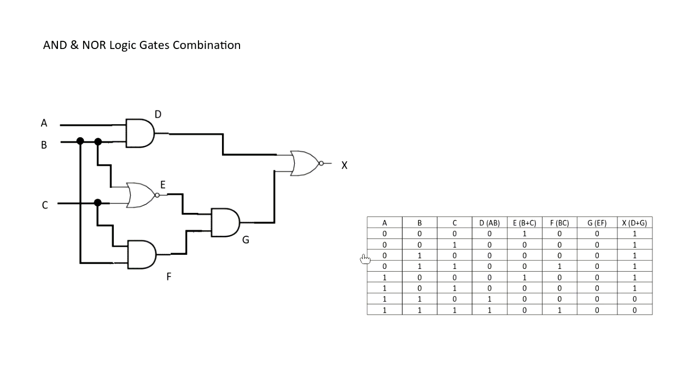In between, you will see some other columns like D, E, F, G. These 4 columns are the transition stage outputs.